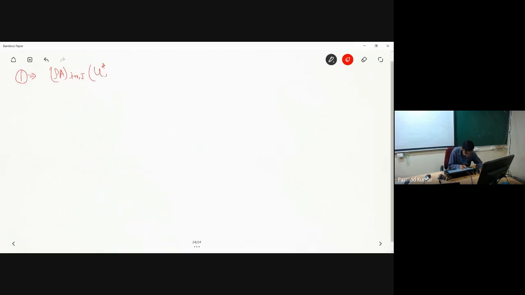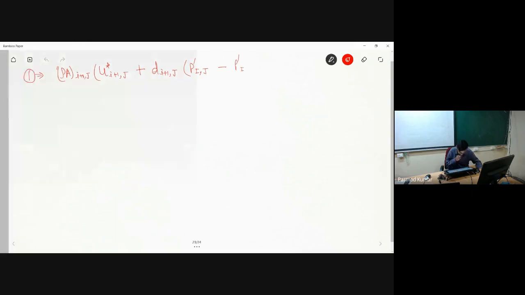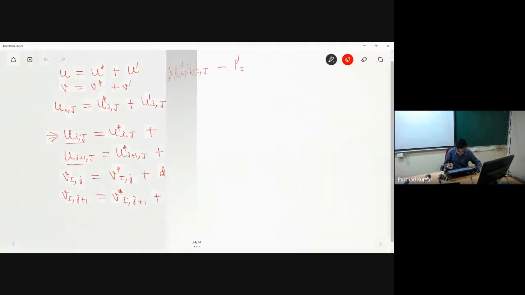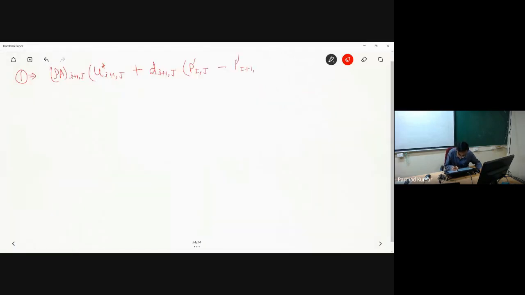U star at point I plus 1 comma j plus d I plus 1 comma capital J multiplied with p dash capital I comma capital J minus p dash capital I plus 1 comma j.